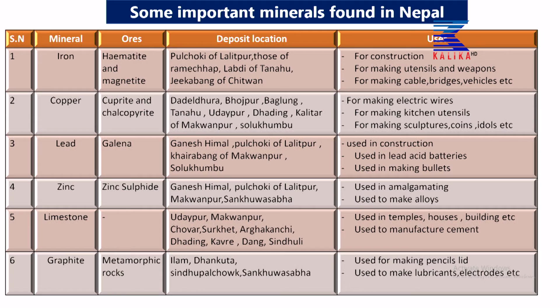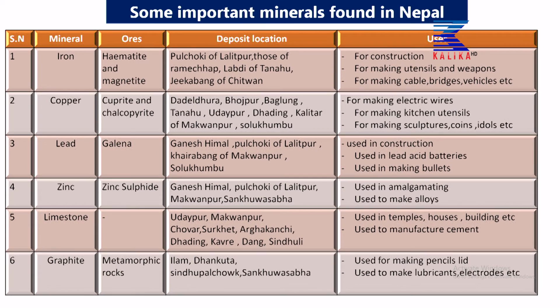Another metal, zinc. Zinc is also a useful metal whose principal ore is zinc sulfide. Its deposit is found under the Ganesh Himal, Pulchowki of Lalitpur, Makwanpur and Sankhuwasabha. Why is zinc used?